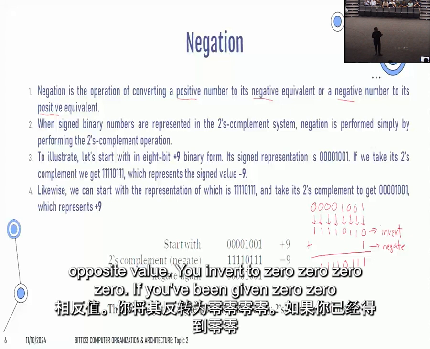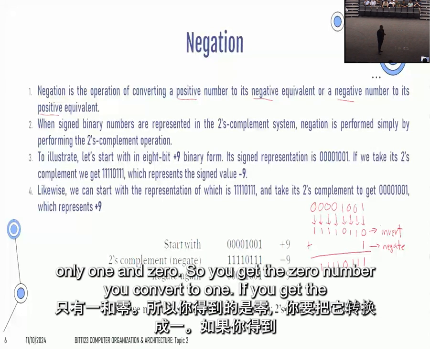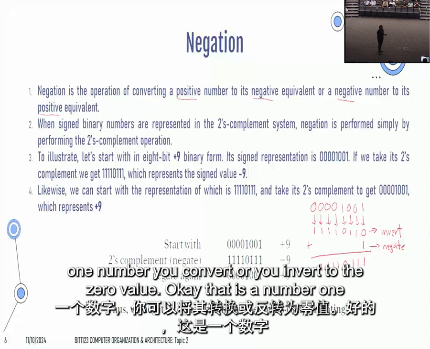If you've been given 0, 0, 0, 0, you invert to the opposite. So in binary we have only 1 and 0. If you get the 0, you convert to 1. If you get the 1, you invert to the 0 value. That is number 1.